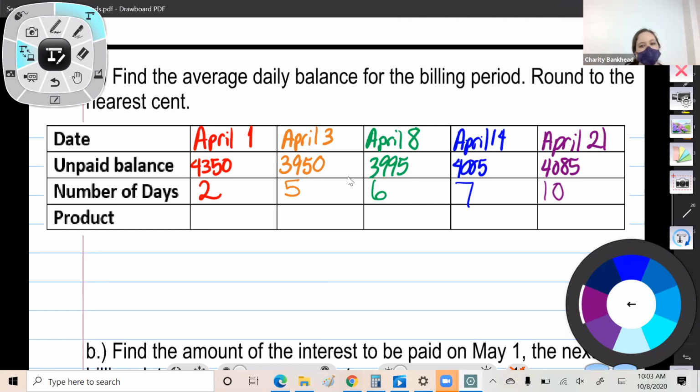Yes, because that was the balance on the 21st. So you could also do it by saying 30 minus 21, which is 9, but that doesn't take into account the 30th. So that's why it's actually 10 instead of 9. Or like I said, you could just count them on your fingers in that case.